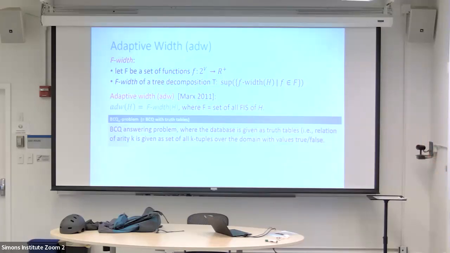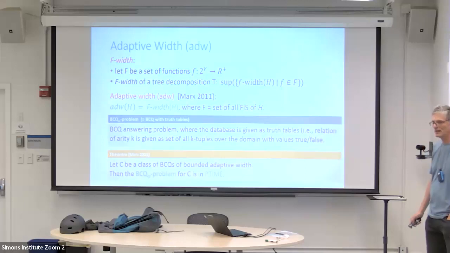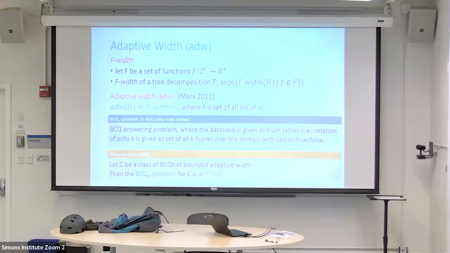But if we look at Boolean conjunctive query evaluation from this point of view, the dense representation, I'm almost done, then it turns out that this problem becomes tractable for the class of Boolean conjunctive queries of bounded adaptive width. And under some assumption, to me not previously known, not one of the assumptions we have seen in fine-grained complexity here, there is even an if and only if.